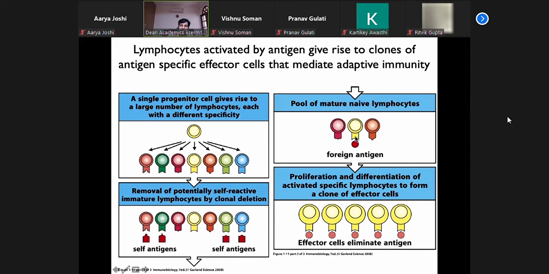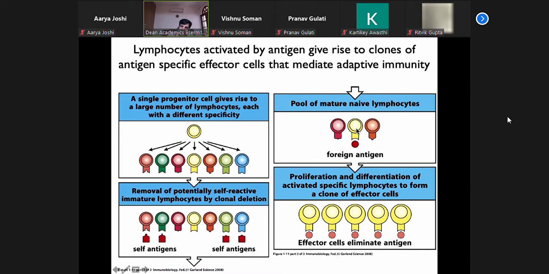In other words, these are the secreted receptors, and the receptor which is secreted and the one which is tethered to the membrane are different, which is true for B cells, not for T cells. In T cells, the TCR is never secreted. By recognition through the TCR, these cells make something else which is responsible for eliminating these antigens, microbes or cancer cells. But for B cells, the same specificity of the B cell receptor is retained.